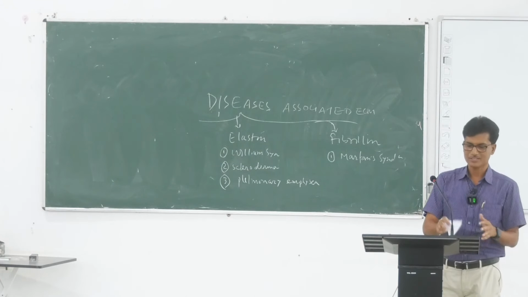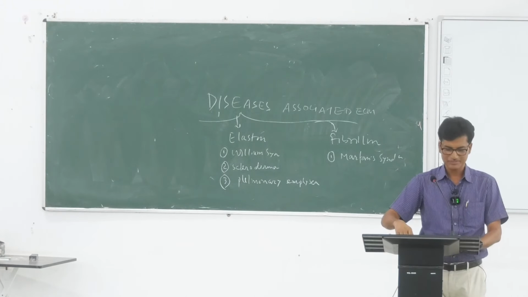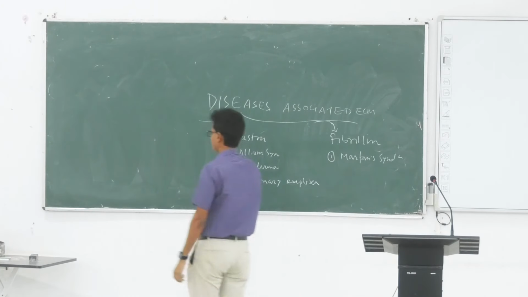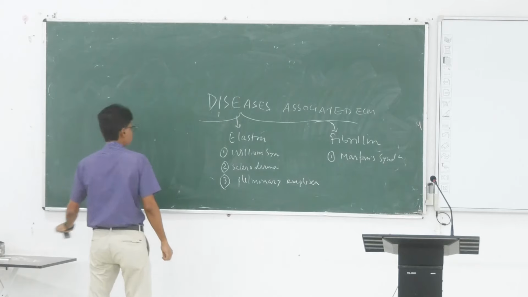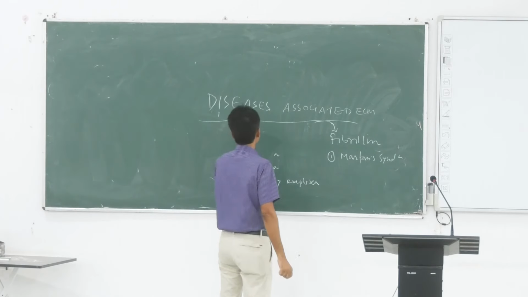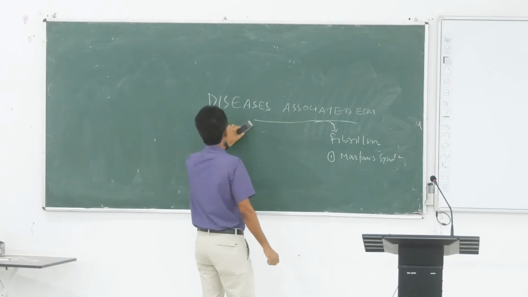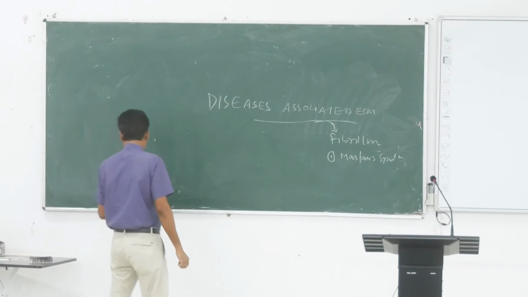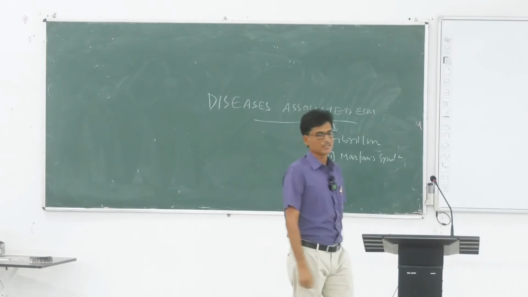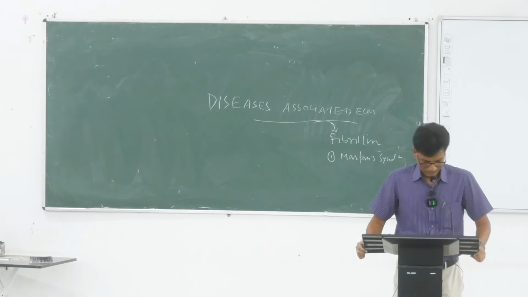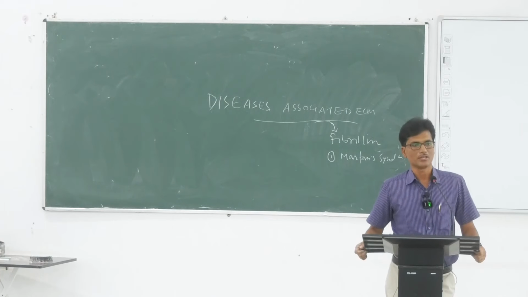এই আরেকটা হচ্ছে ডিজিজ অ্যাসোসিয়েটেড উইথ ফাইব্রিলিন. Fibrillin is another important component or structural protein of ECM.